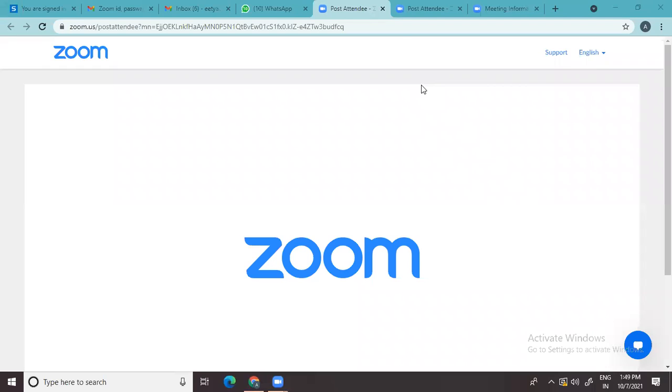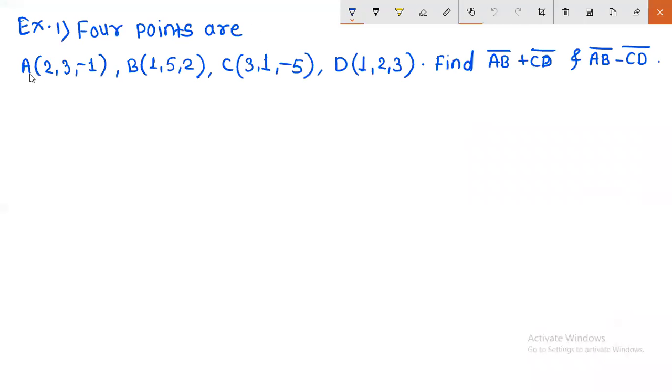One student answered how to solve this. That is, we have to first find vectors A bar, B bar, then vector AB bar, CD bar, and then we can add these two vectors and subtract them. Okay, so the solution here.